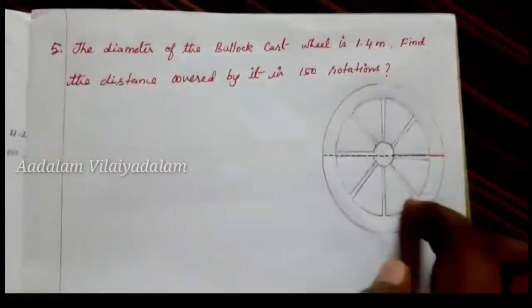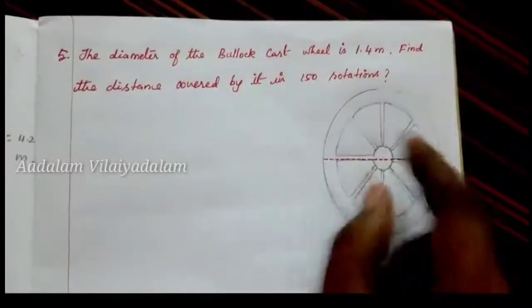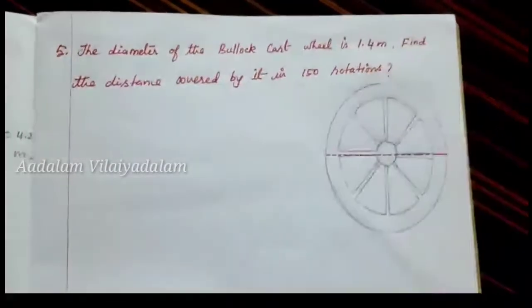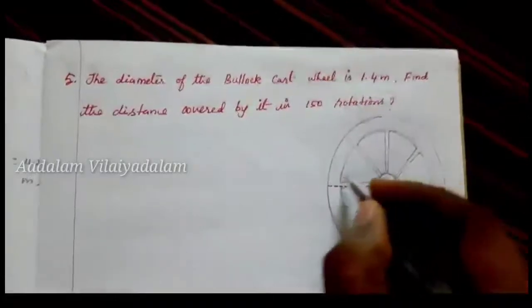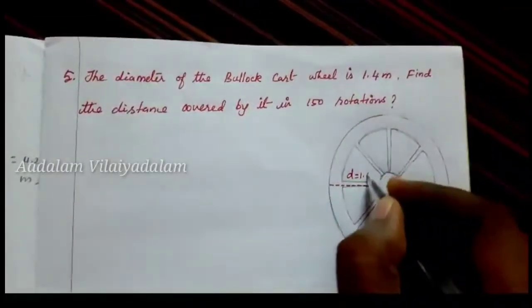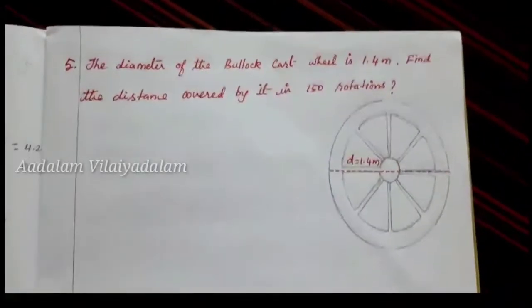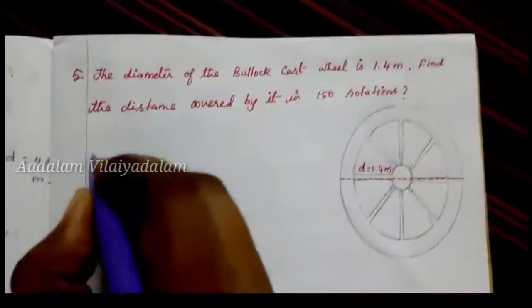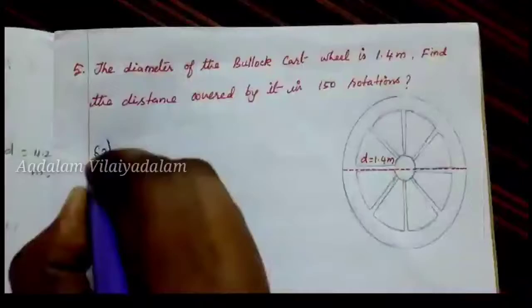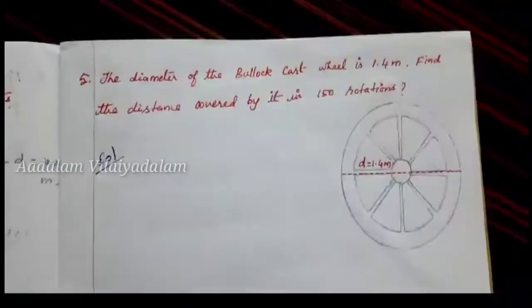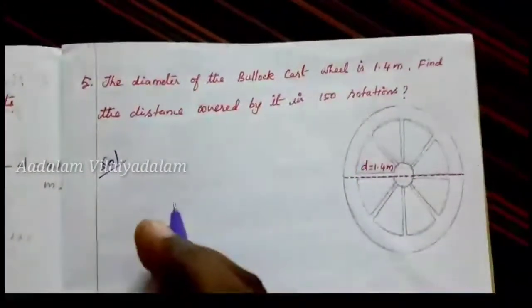In the bullock cart wheel, the diameter is 1.4 meter. So we can write d equal to 1.4 meter. Now, to find a solution for this problem, we need to understand the question.